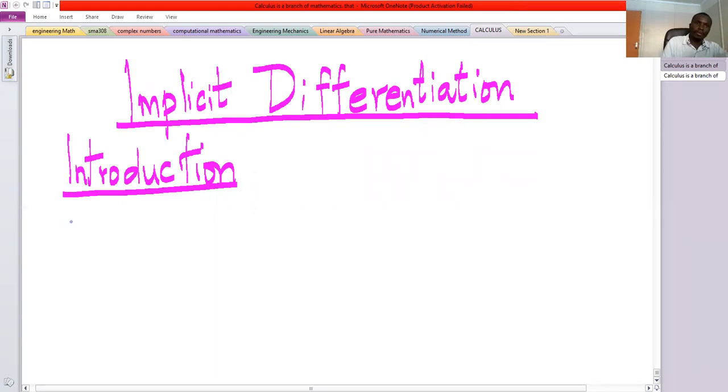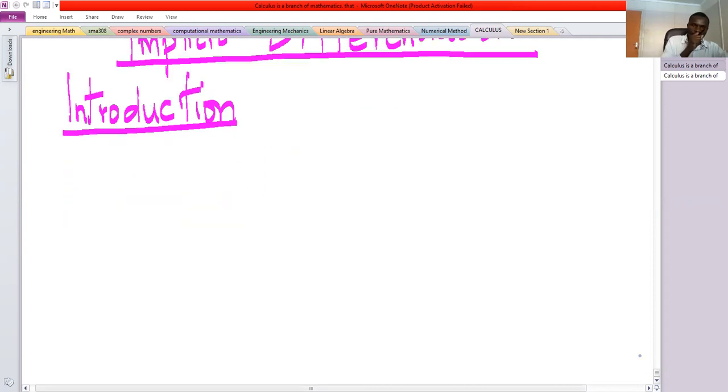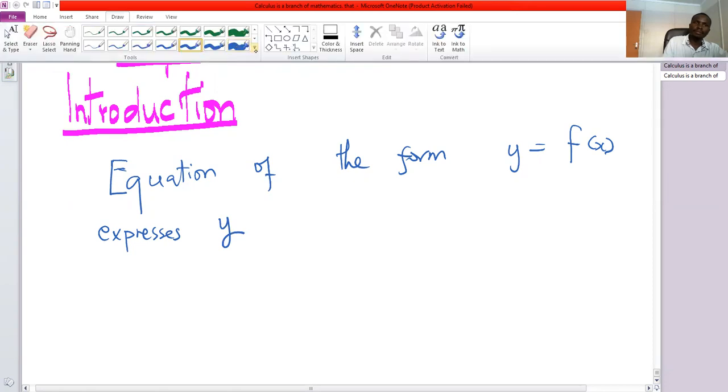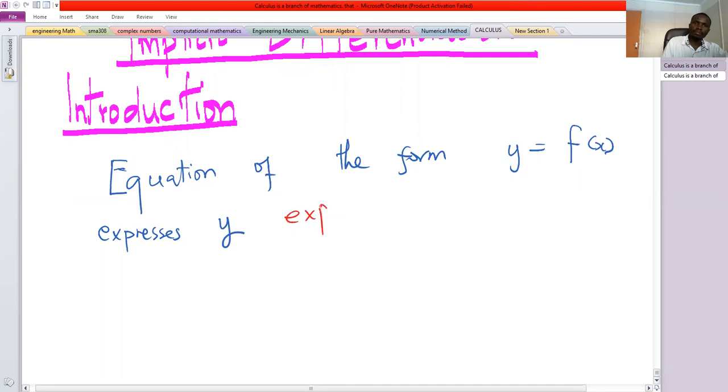So, say an equation of the form y equals f of x expresses y explicitly in terms of the variable x.